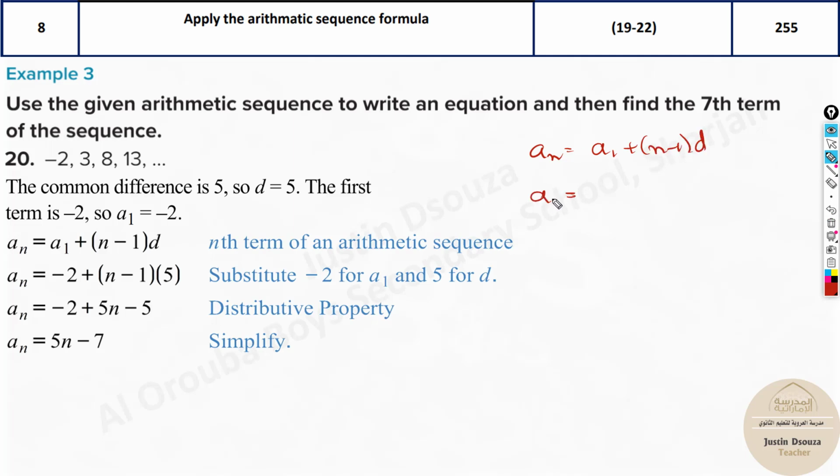Now here a seventh term, so a1 is minus 2 plus 7 minus 1 times d is 5. Multiply this by 5. So here you will have minus 2 plus 6 times 5 is 30. The answer will be positive 28. 30 minus 2 is 28.